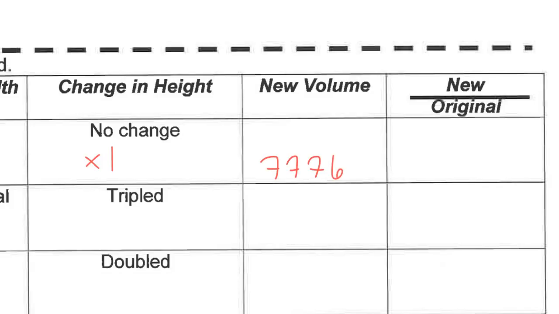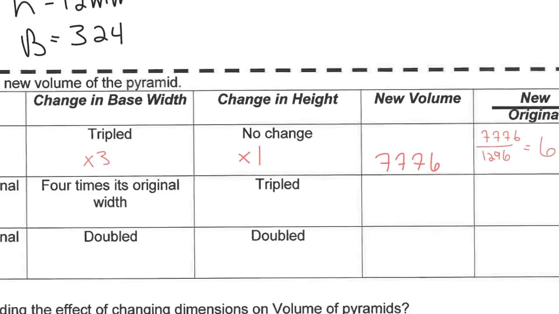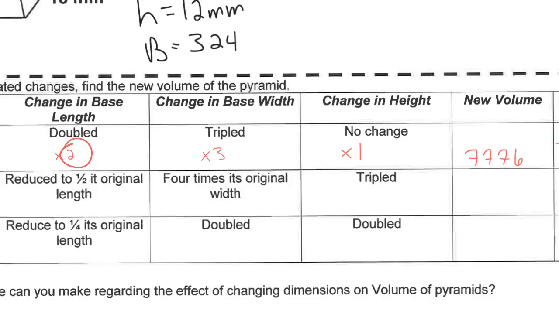Now, we did our ratios last time, so we're going to do it this time. So I'm going to take my new volume and divide it by my old. 7,776 divided by 1,296. If you simplify it, you get 6, which you might note is actually 2 times 3 times 1, okay? Let's do the next one.